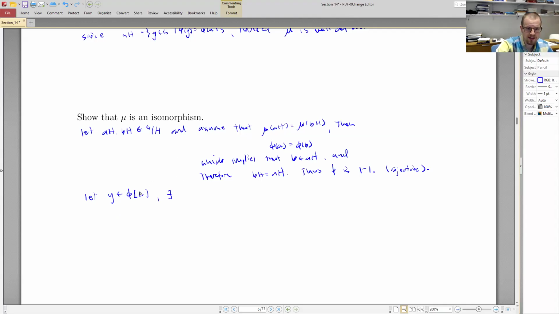So since Y is an element of the image of phi, there exists an X belonging to G such that phi of X is equal to Y. And that would give us that mu of XH is equal to phi of X, which is exactly Y, which is what I was looking for.